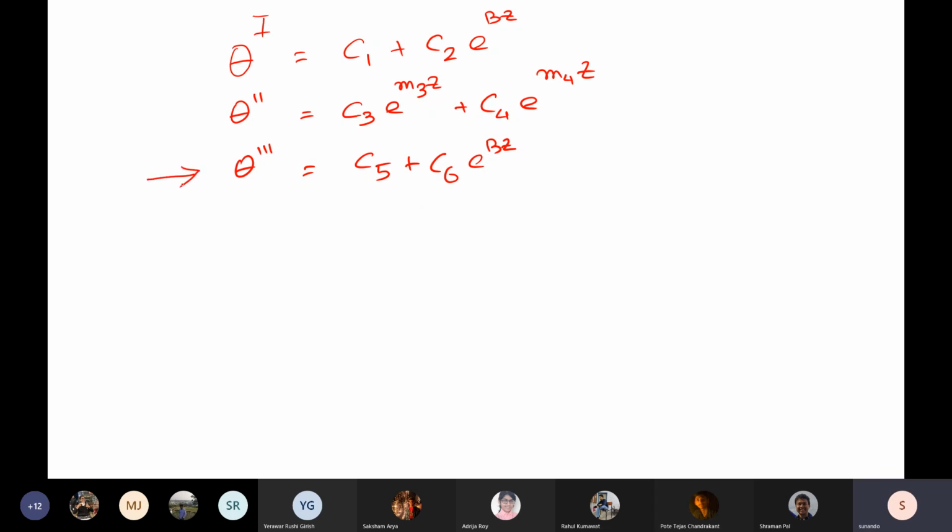Of these, I would bring your attention to this. Does it say anything to you about what is going to be the value of C5 or C6? θ3 is essentially T triple prime in dimensionless form. Can you say something about C5 or C6?